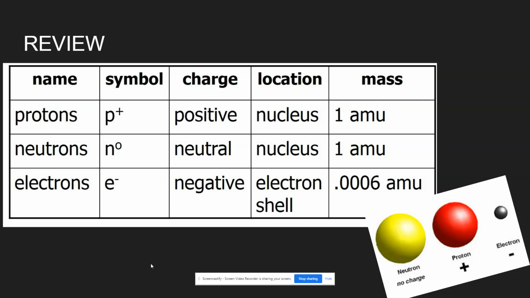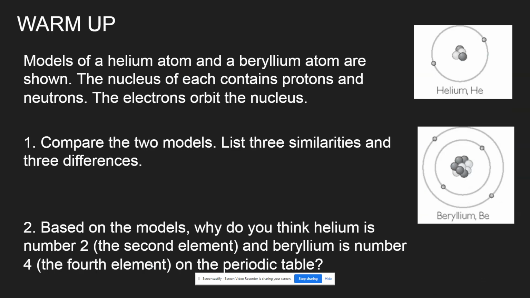A neutron has no charge, a proton has a positive charge, and an electron has a negative charge. Okay? The protons and neutrons are located in the nucleus, and remember, those 2 items give that nucleus its overall positive charge, okay? And those electrons are found in the electron shell orbiting outside of the nucleus, okay?